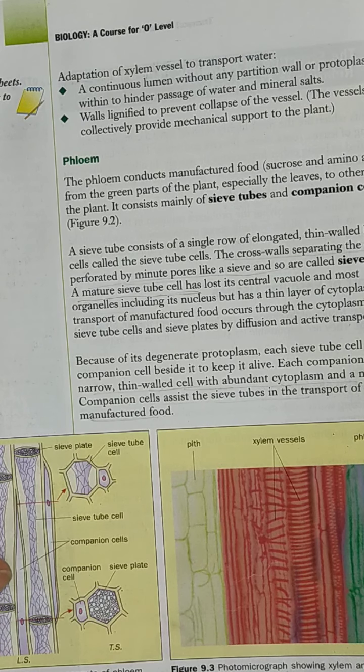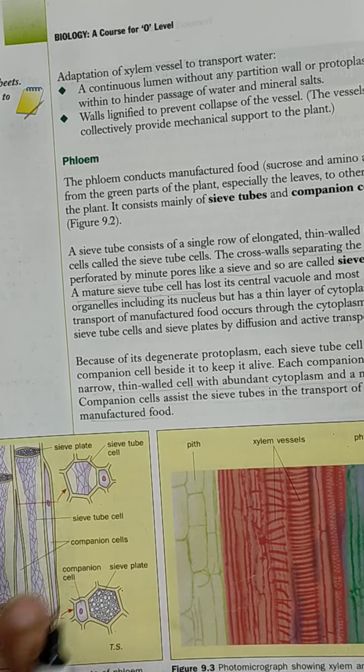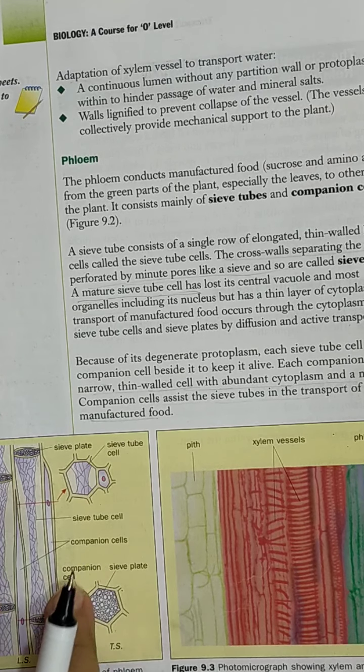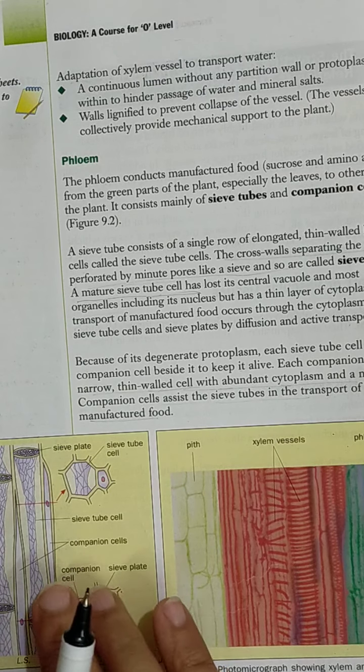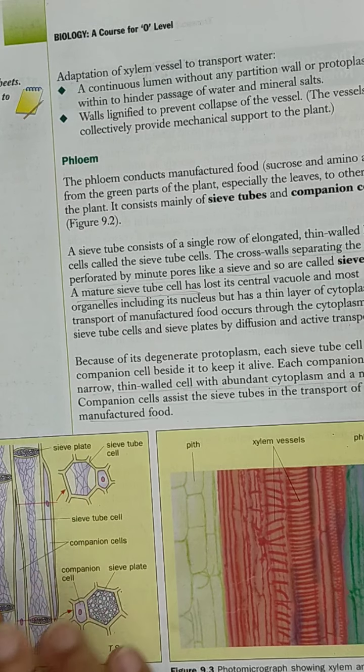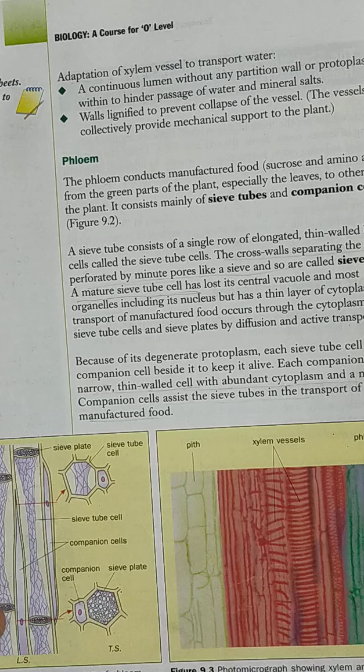Due to the thick wall structure of the phloem, it acts as a transport tissue as well as a supporting tissue. Xylem and phloem form a vascular bundle, providing support as well as transporting water, minerals and food in the plant.